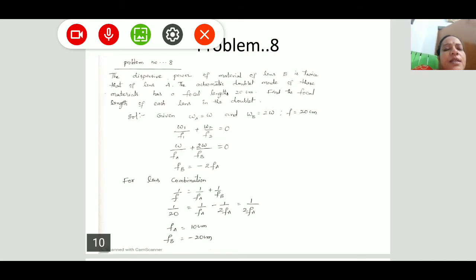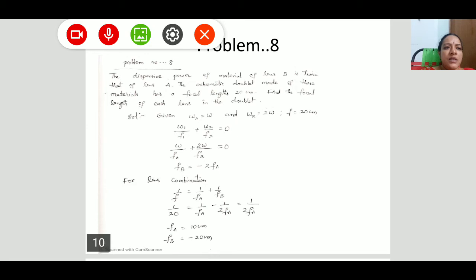Next problem: the dispersive power of the material of lens B is twice that of lens A. The achromatic doublet made up of these materials has a focal length of 20 centimeters.